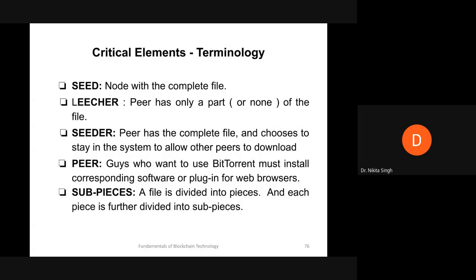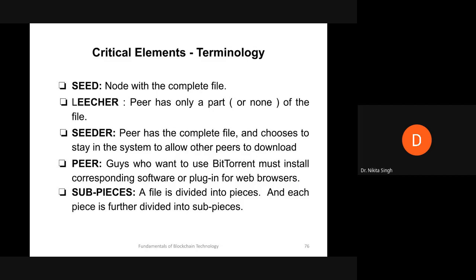Whenever you join a swarm, there is definitely one initial seeder, but as other people download the file, they can also become seeds. When you're joining, it may happen that in your swarm there is only one seeder. But as the transfer of chunks happens between different nodes in the swarm, other people who have downloaded the complete file can also become seeds.